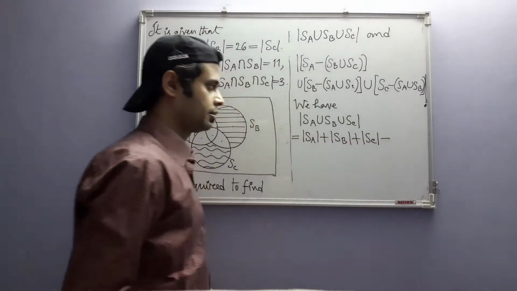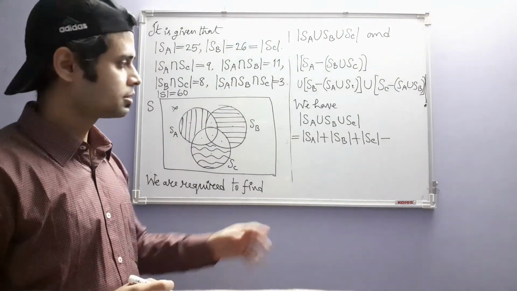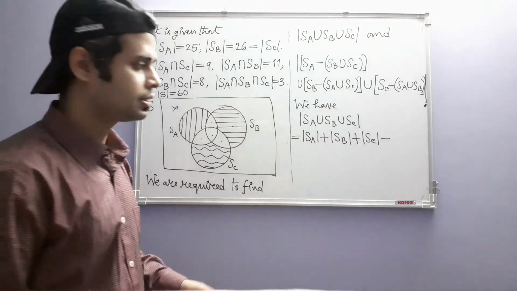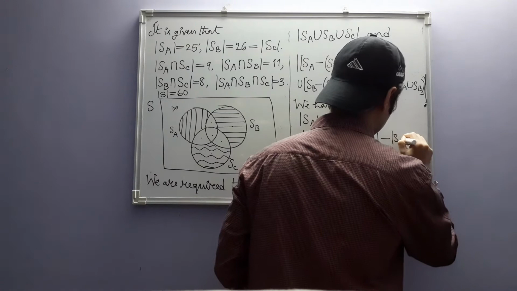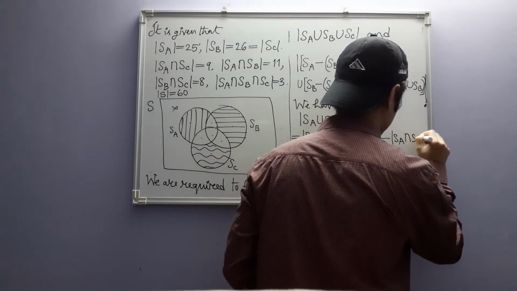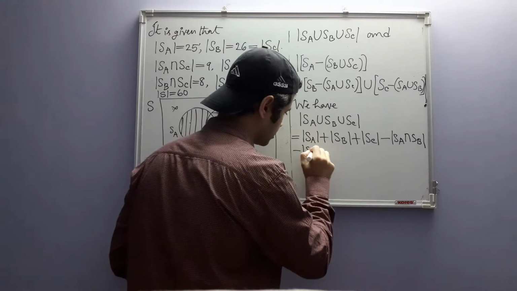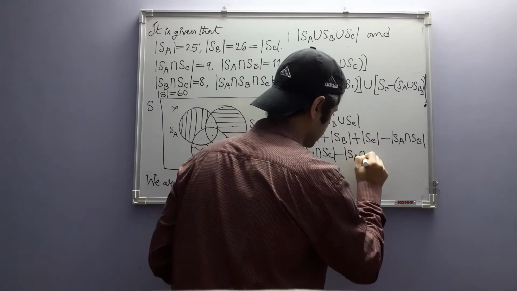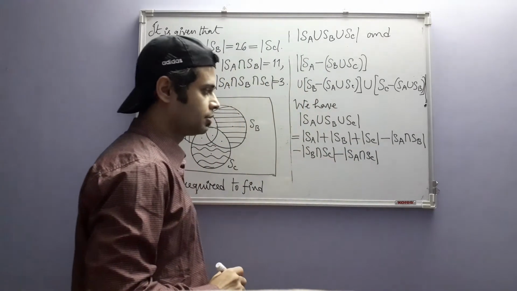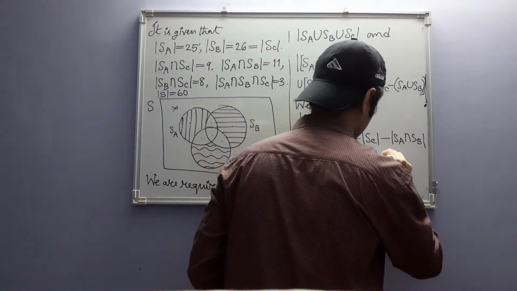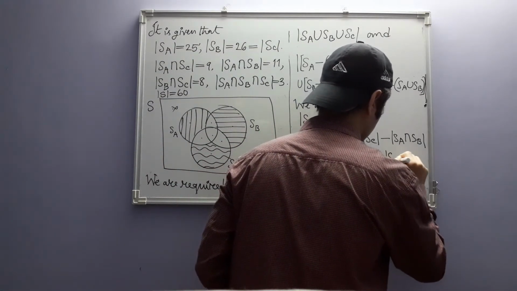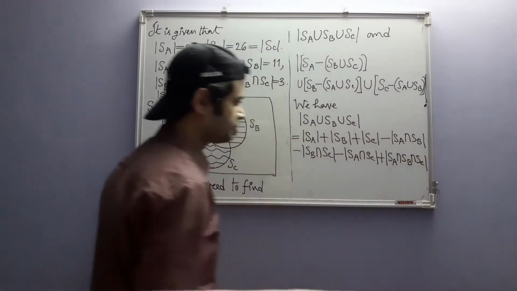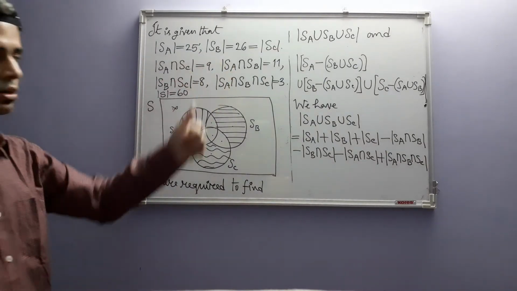Then we have to subtract the cardinalities of intersections of two sets, all possible such intersections: SA intersection SB, SB intersection SC, SC intersection SA, or A intersection C, since intersection is commutative. And then we have to add the cardinality of the set that is the intersection of all the sets.